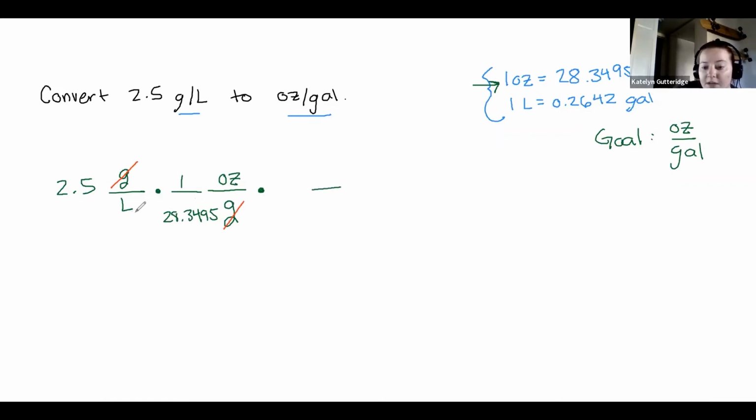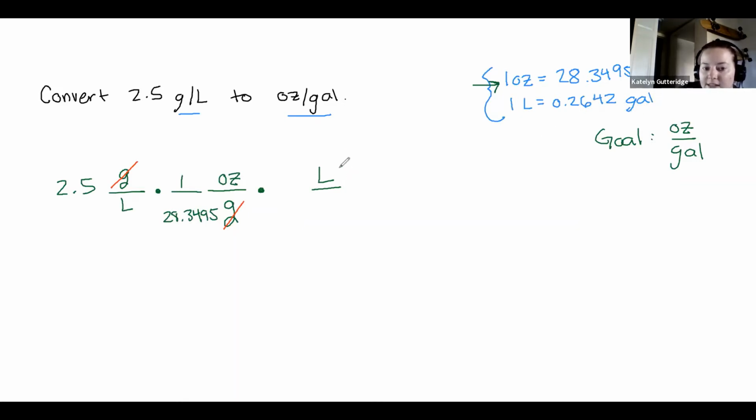Liters is in the denominator. So if I need liters to divide out, I have to multiply by a conversion factor with liters in the numerator. Since liters is in the denominator, I have to multiply by liters in the numerator to be able to divide out that unit of liters. In our conversion factor in the table, we have 1 liter is equal to 0.2642 gallons.